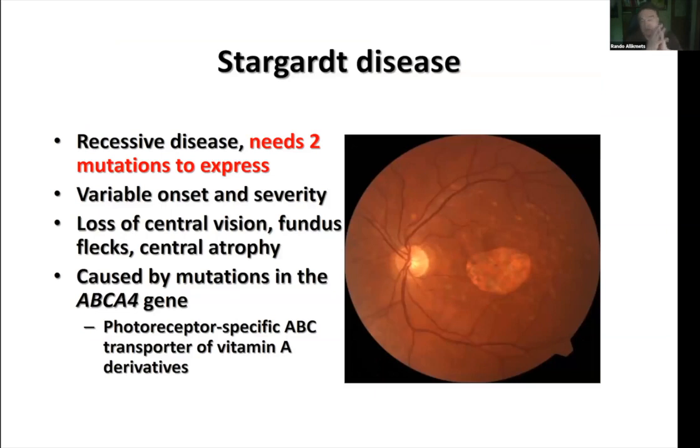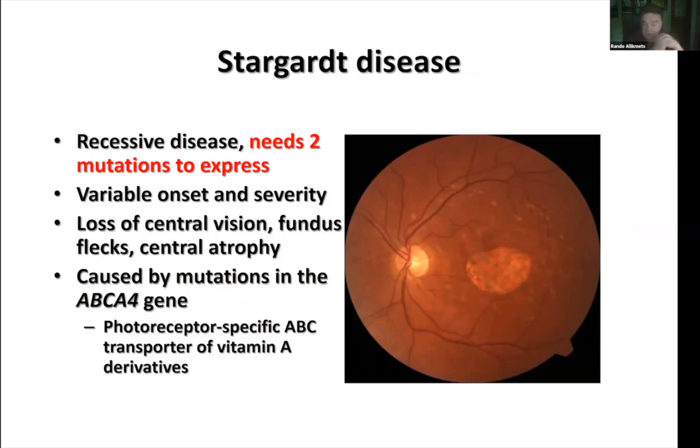So now to Stargardt disease. Again, what we know, and we knew it then, it is a recessive disease. We all have 2 copies. All humans have 2 copies of any gene we have. And a recessive disease means that both copies of the gene are mutated. For any gene, you get 1 copy from your mother, the other from your father.